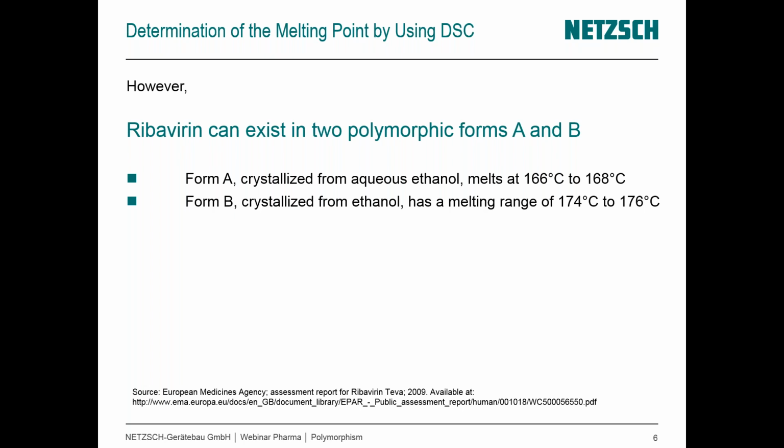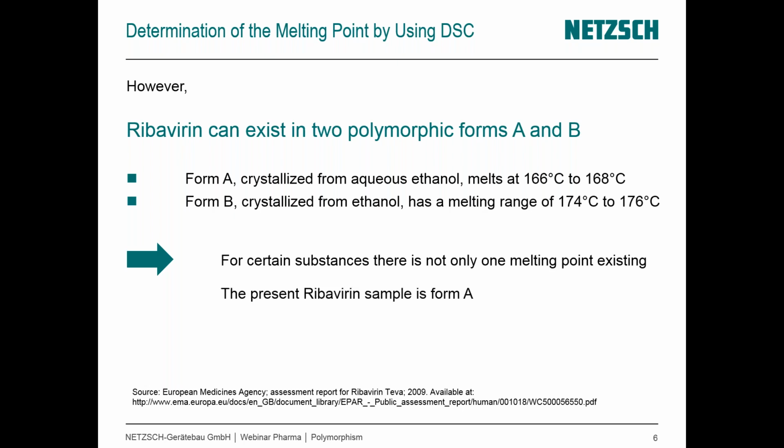Form A, we're looking at a material that's crystallized out of aqueous ethanol, so ethanol with a water component, and it has a given melting range from 166 to 168 degrees Celsius. But then there's also a Form B crystallized from pure ethanol, and that has a melting range that is a bit higher, 174 to 176 degrees Celsius.